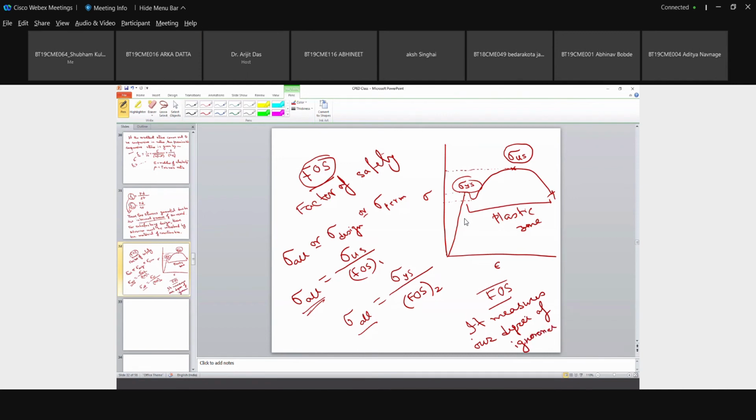We don't know, due to combined loading, how the material will behave. So that's why we introduce a factor of safety that keeps the stress much below the yield stress. We don't know how a material will behave under stresses, so in other words, philosophically, it is our degree of ignorance about the material.